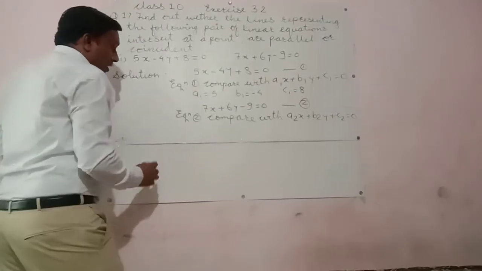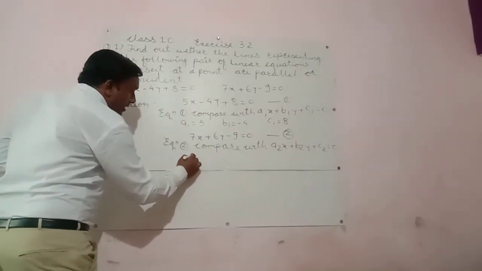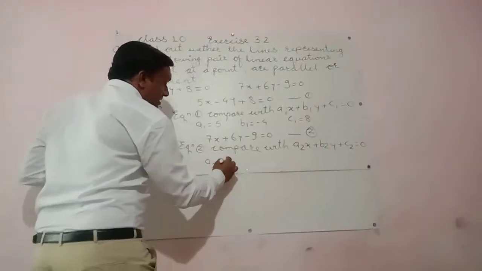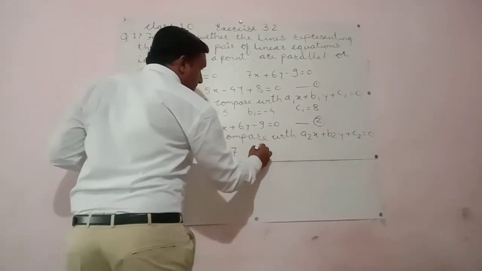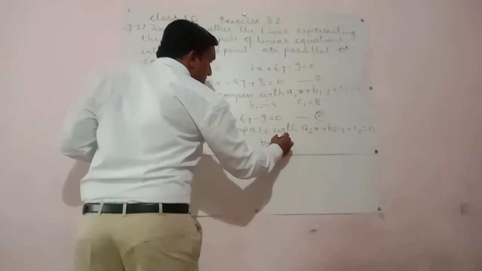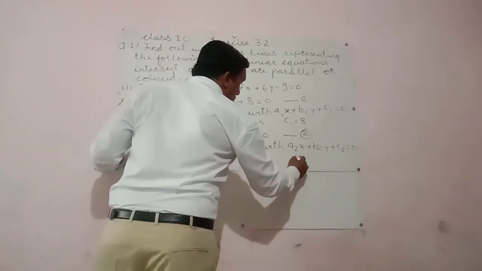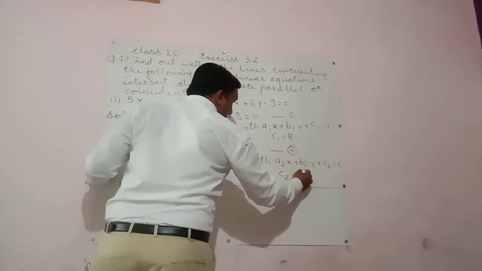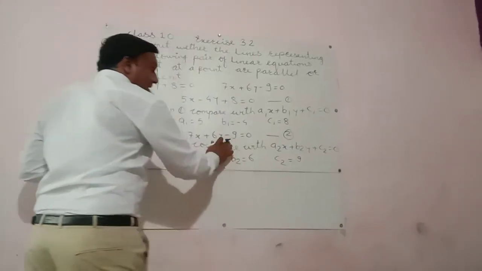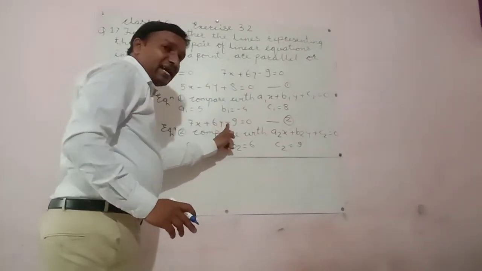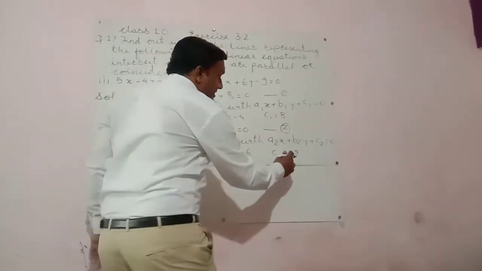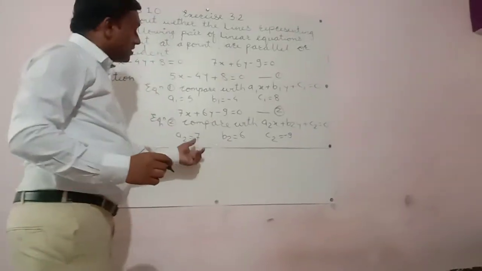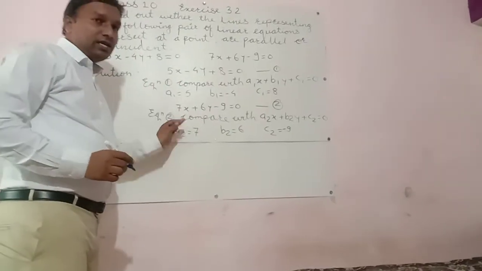So here we get coefficients a2 equal to 7, b2 equal to 6, c2 equal to minus 9, because here plus and here minus, so we get minus 9. Now these are the coefficients of these equations.